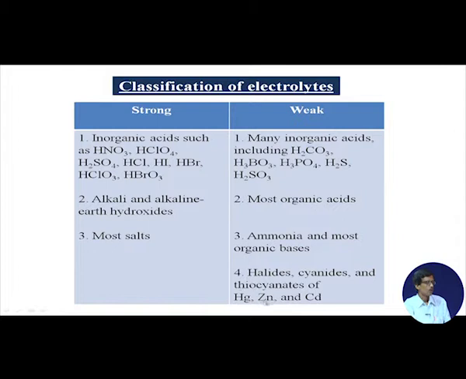Then we should be very careful about this particular category, which are not so ionic in nature, that means the 3d, 4d and 5d 12 series: zinc, cadmium and mercury, and their corresponding salts, the halides, that means zinc chloride, cadmium chloride and mercury chloride, mercurous as well as mercuric, their cyanides and thiocyanates.